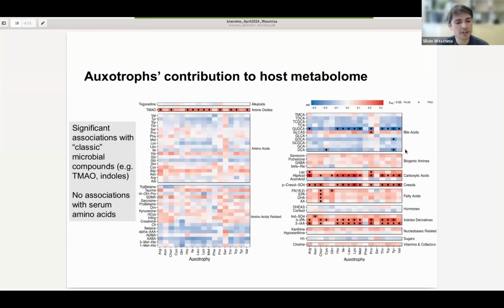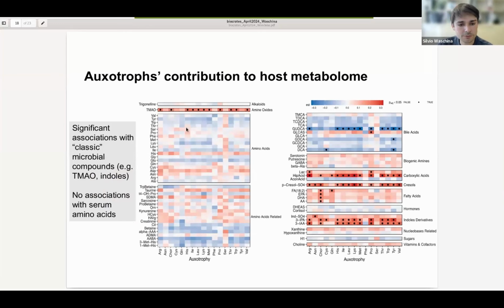The next question was whether the auxotrophies that we predict also associate with certain host metabolites, because different auxotrophy profiles in the human gut microbiome could indicate different metabolic processes, especially in amino acid metabolism. We wanted to see if that is correlated with certain metabolites in the host metabolome, to see if there are interactions that depend on the distribution of auxotrophies.